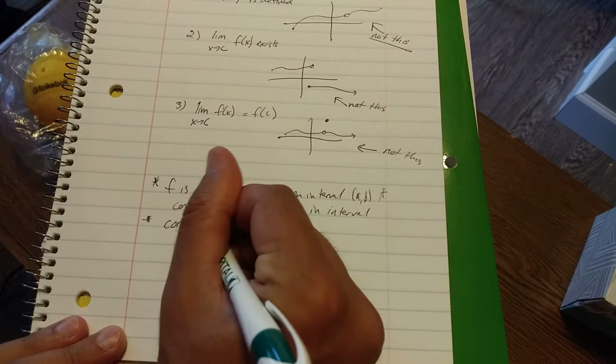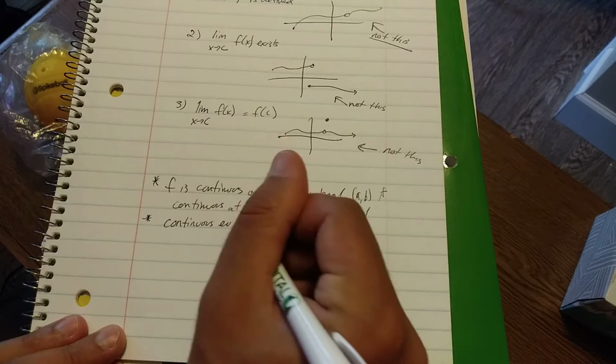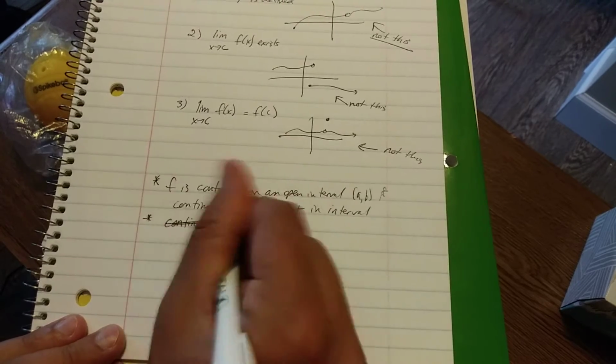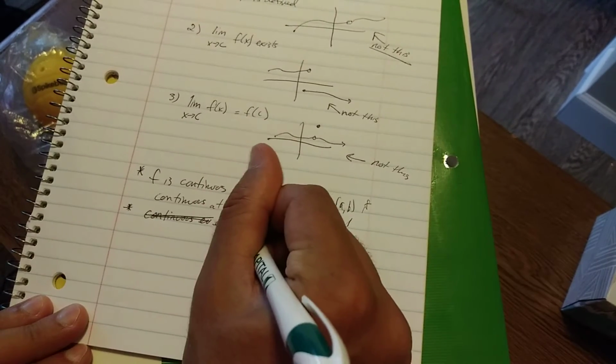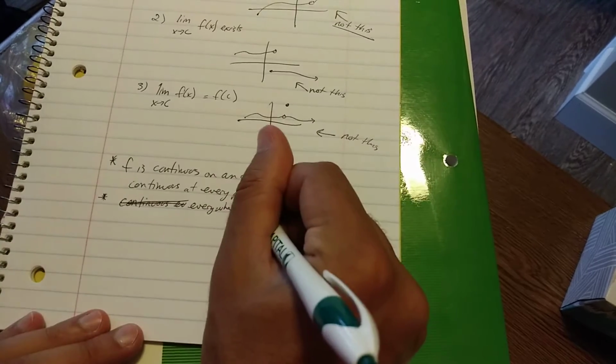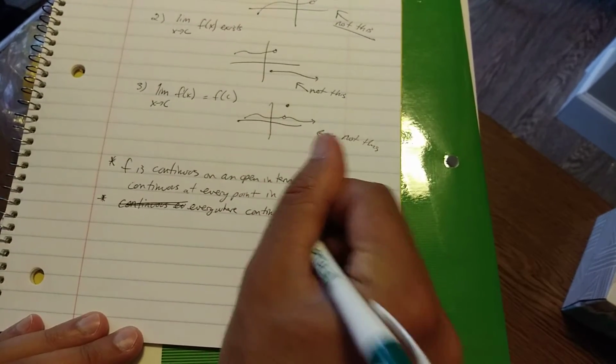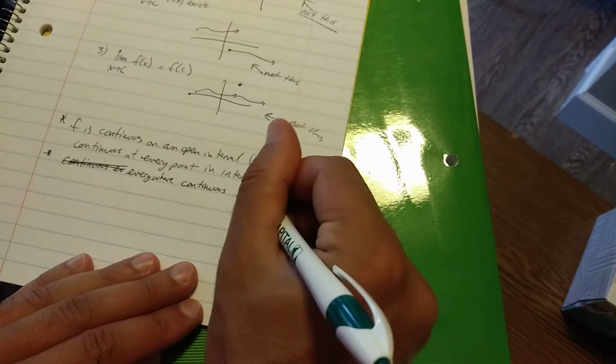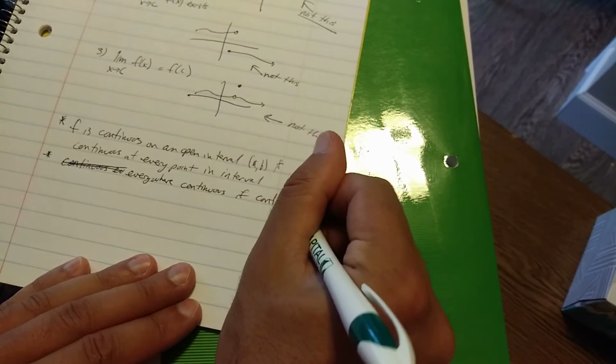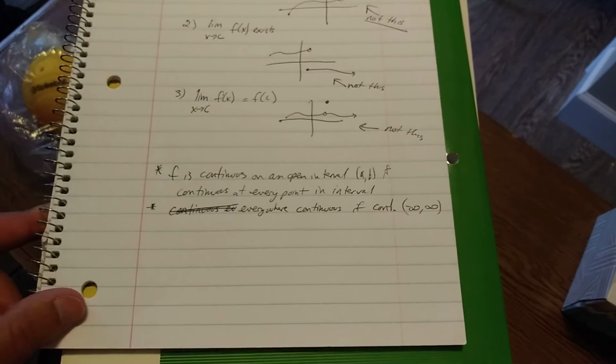Functions are called everywhere continuous if continuous on the interval negative infinity to infinity, of course.